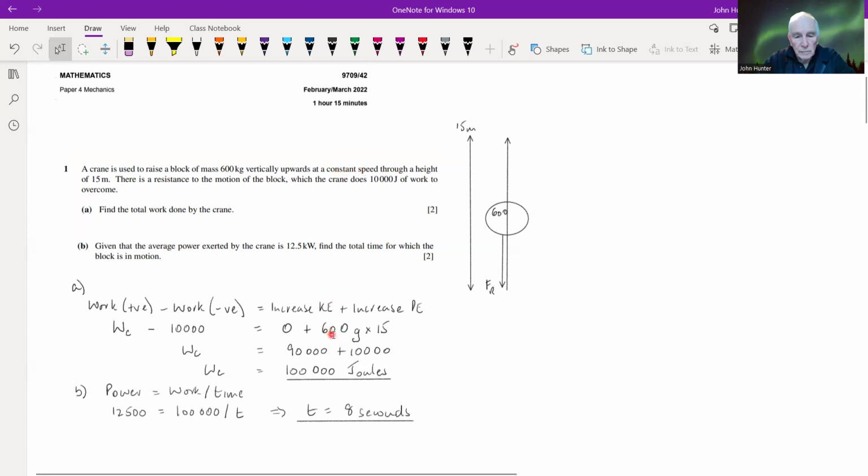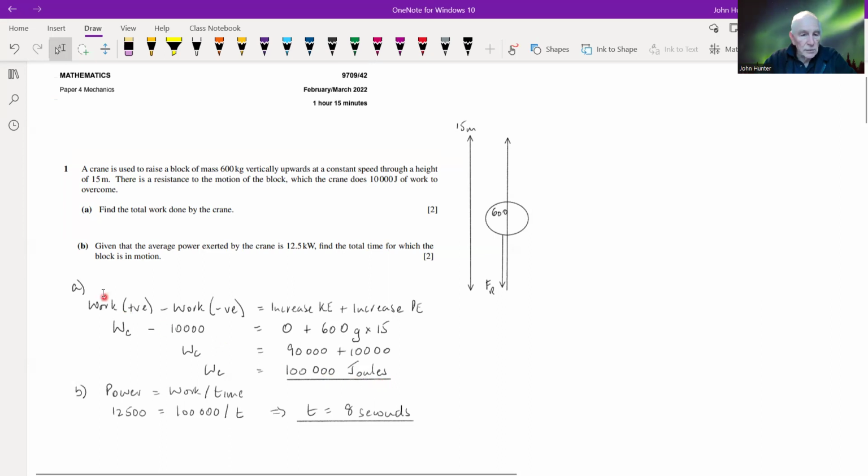Meanwhile, we have lifted 600 kilograms against gravity, with the gravitational constant, times 15 meters: mgh, potential energy. So we've got an equation in W, and that gives us W equals 100,000 joules.